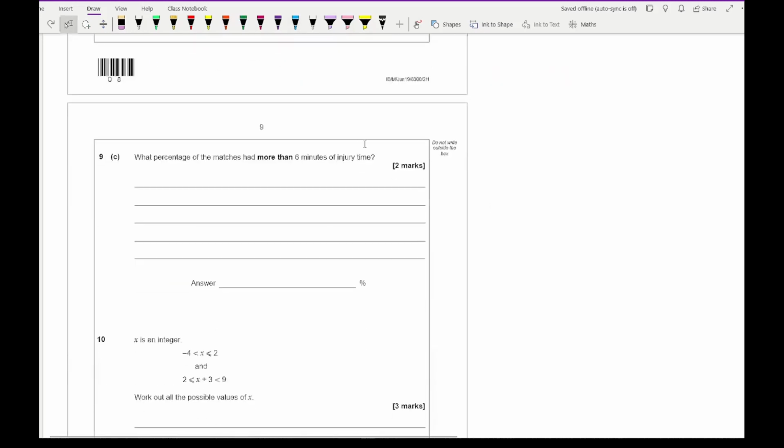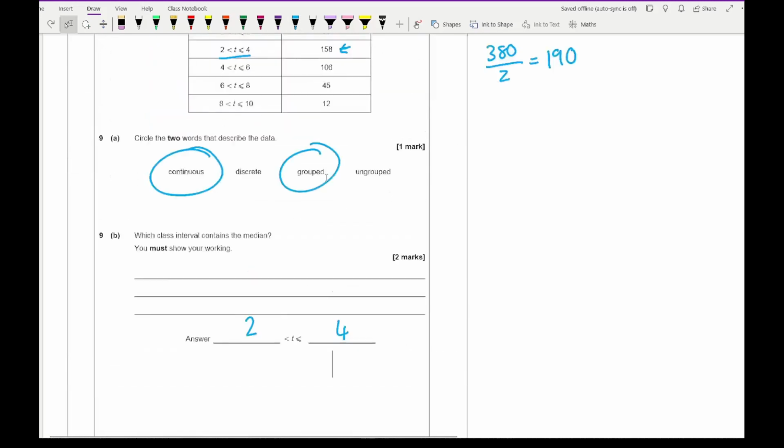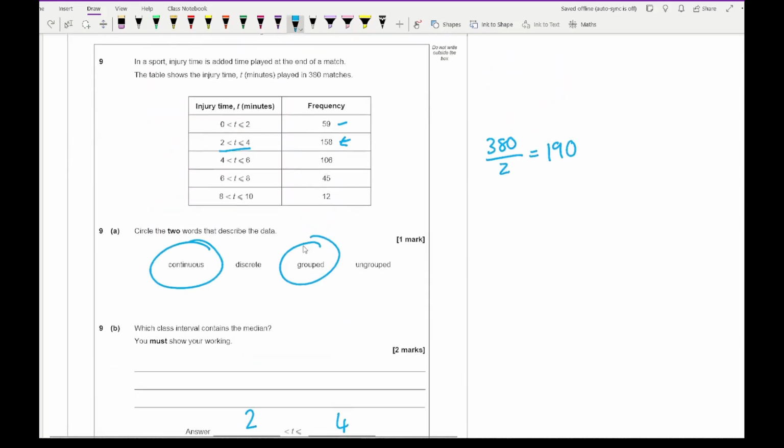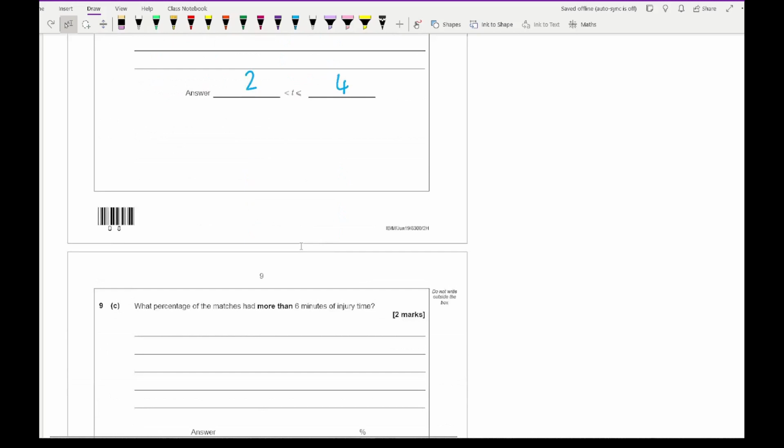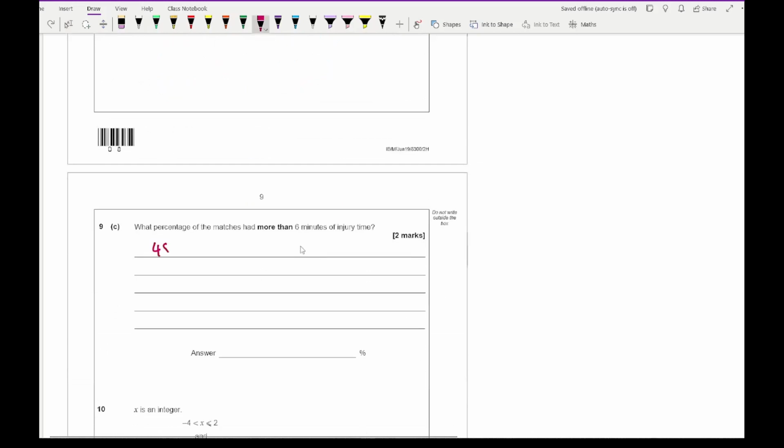The next question says what percentage of the matches had more than 6 minutes of injury time. So more than 6 is going to be here, including 45 and 12. So if I do 45 plus 12, which is 57, 57 over 360, and because it wants the percentage, I multiply that by 100.